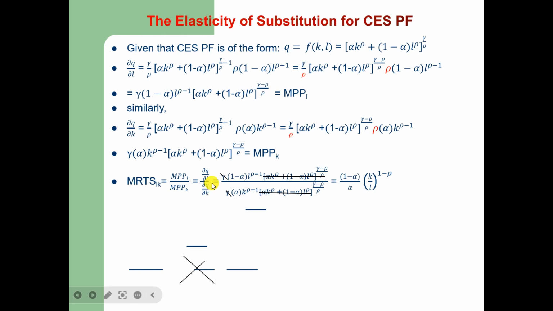I will use this as the numerator because this is the marginal physical product of labor, and here I will use the denominator, the partial derivative of the production function with respect to capital. Some of the things are common, so these will cancel out.